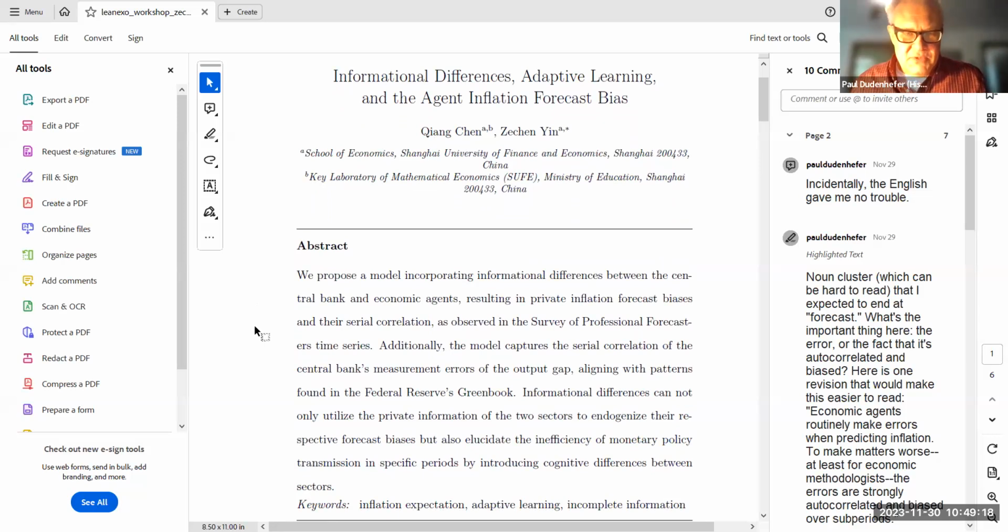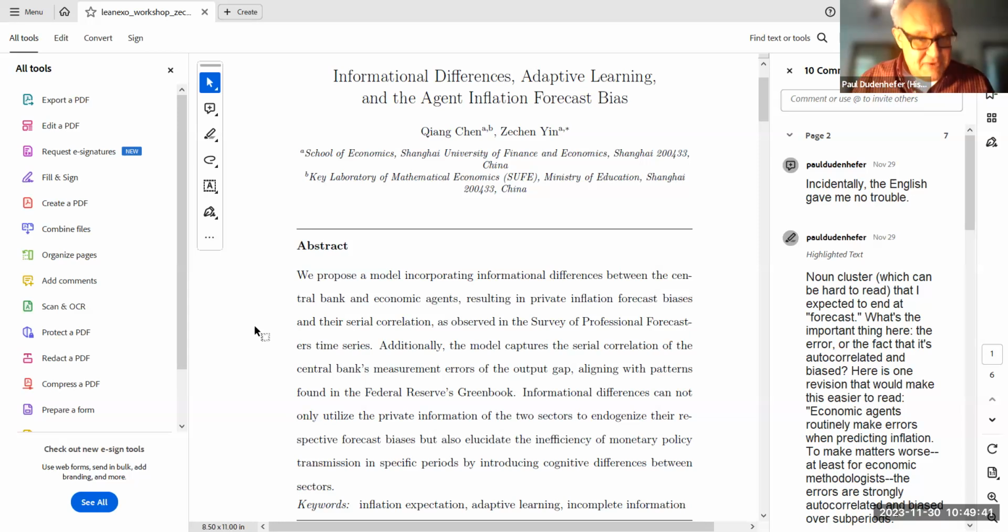This is what I think you're trying to do. There's this data out there from the SPF, the Survey of Professional Forecasters, and the Federal Reserve's Green Book, and that data shows that our forecasts of inflation are usually wrong.